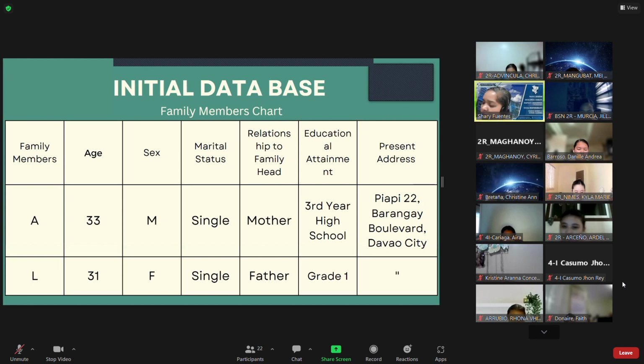So kailan siya nag-move? Nag-move siya ma'am, mga siguro February or April, March, April.